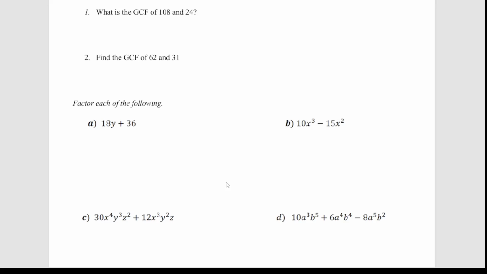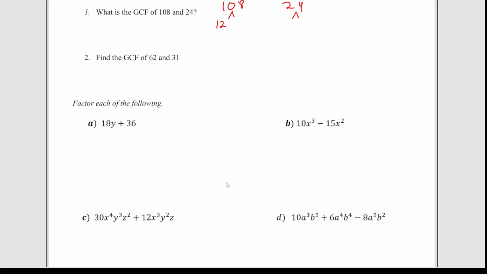So to identify the greatest common factor between 108 and 24, I'm actually going to prime factorize both of these. So 108, I know at least 2 goes into there.